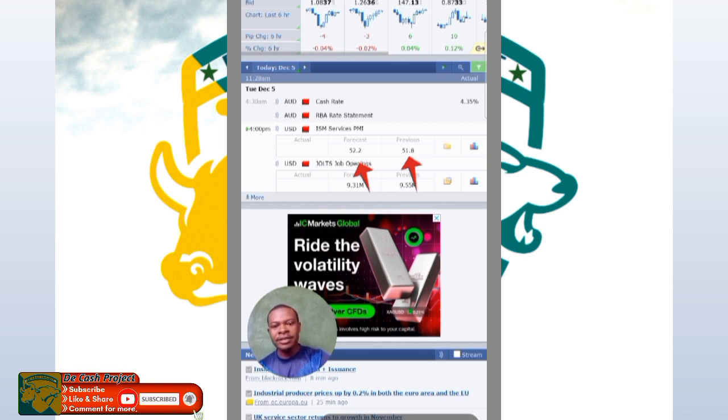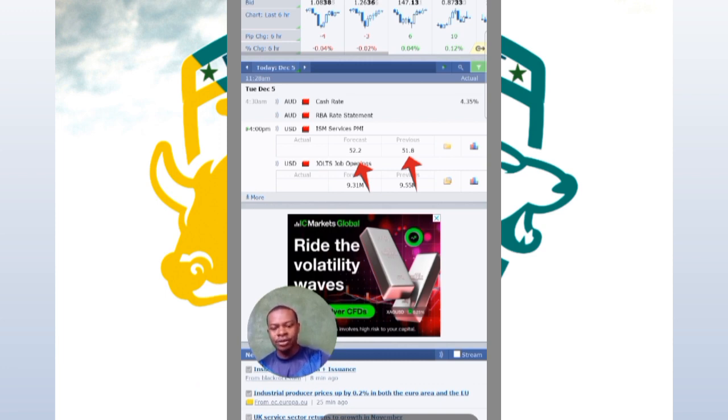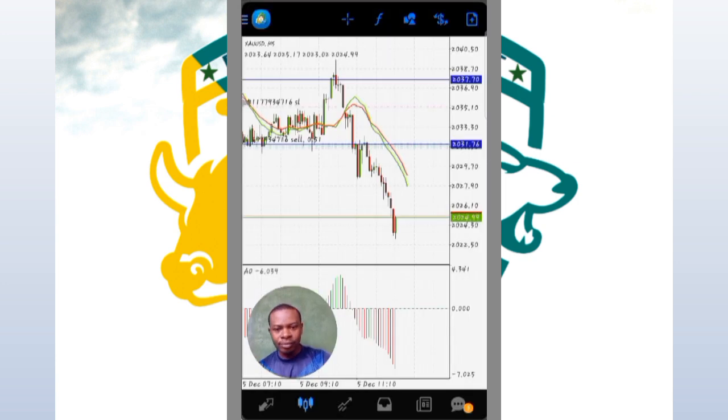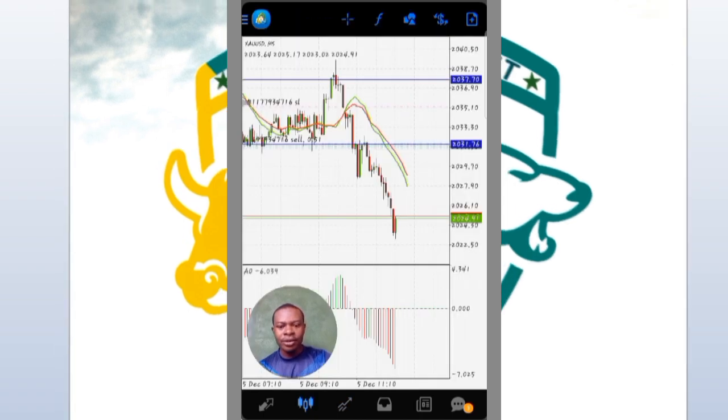So the sentiment of these news that are about to drop will definitely start affecting the market structure even before the news event drops. That is what we are experiencing here on the chart.